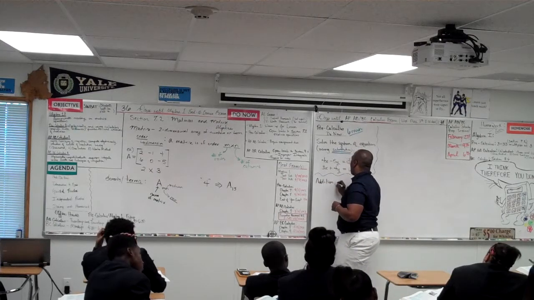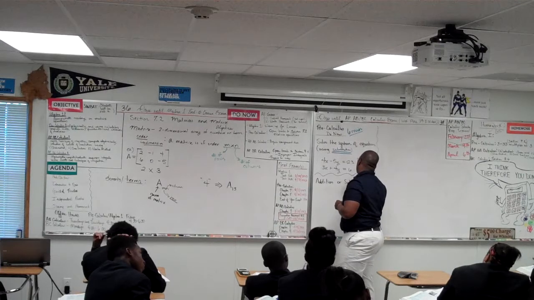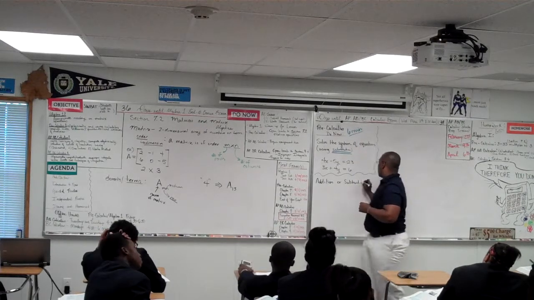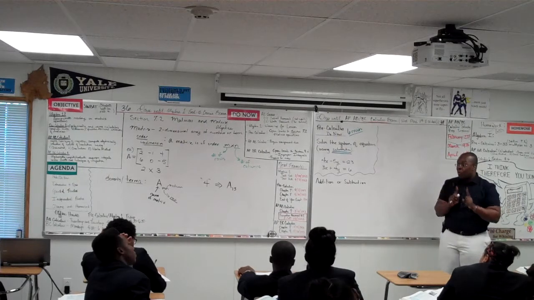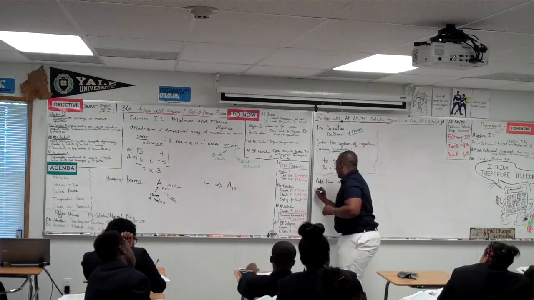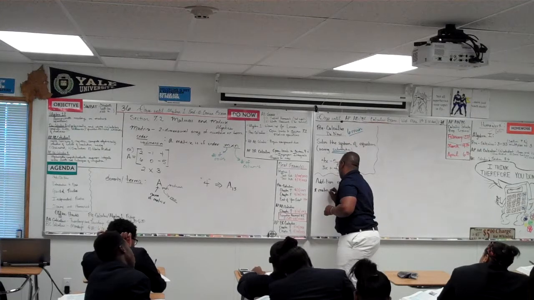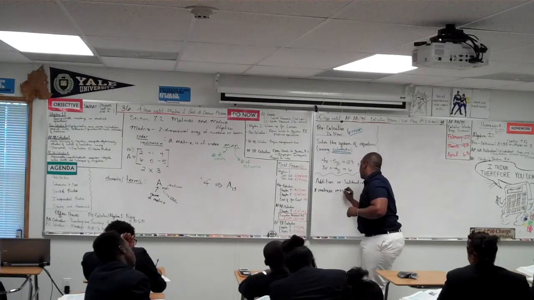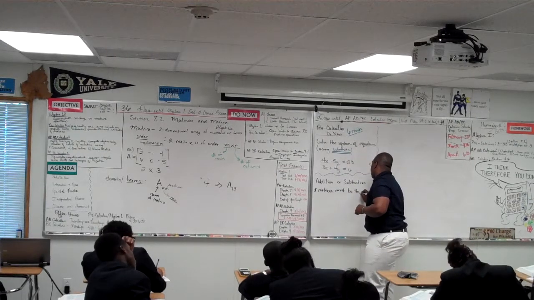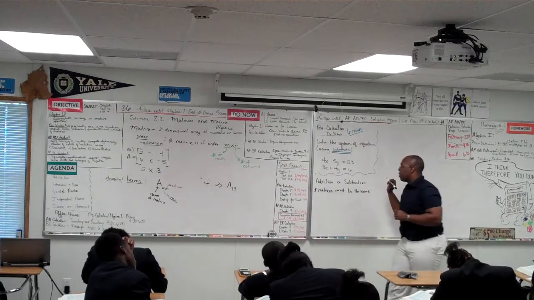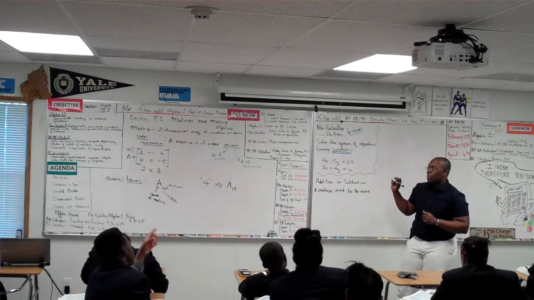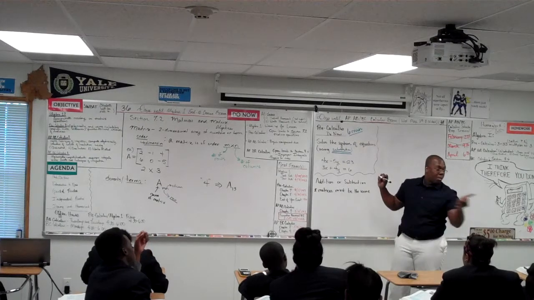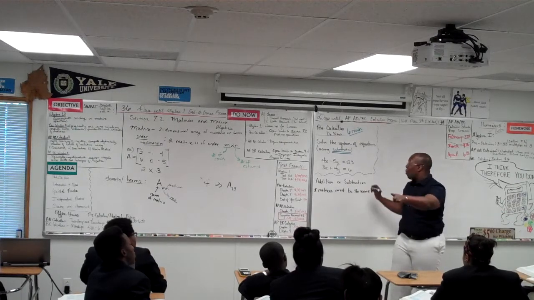Let's say I want to add or subtract matrices. There is one very special rule, ladies and gentlemen, in order to add or subtract matrices. Your matrices must be the same. Not term, not row, same order.